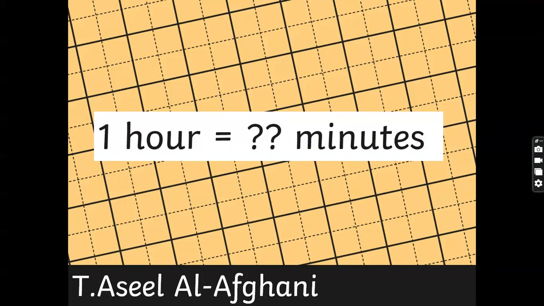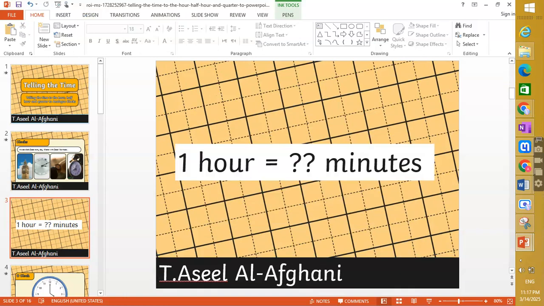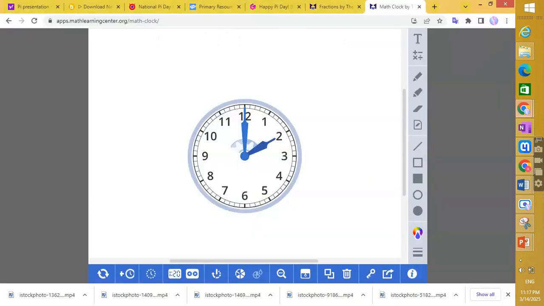Now, the question is: 1 hour contains how many minutes? Can you predict? Let's remember what we said inside the class. If we want to represent 1 hour, we have small marks in the clock which are called minutes.